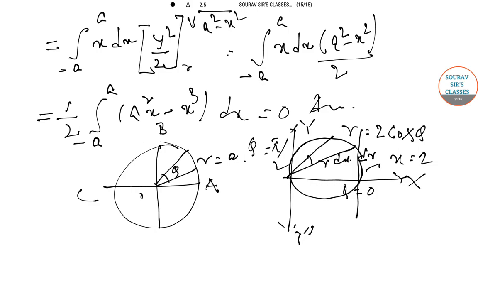And that's your answer. Minus a to plus a, this is equal to 0. That's your answer.